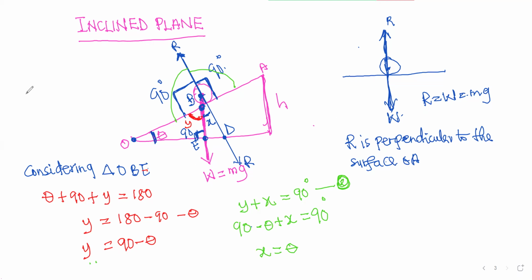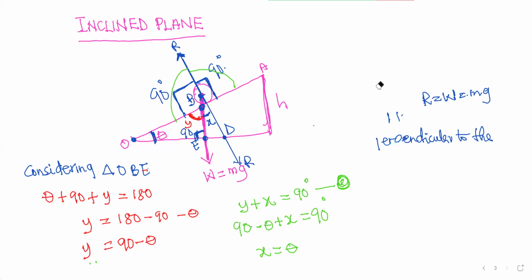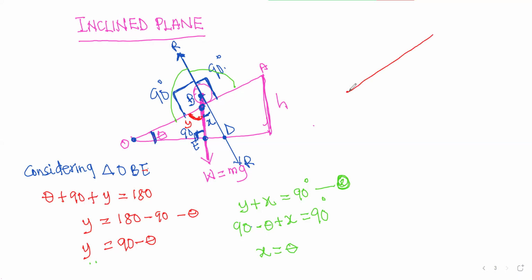let me redraw an inclined plane for you to see something well. If you have an inclined plane tilted by maybe 30, this is a body.